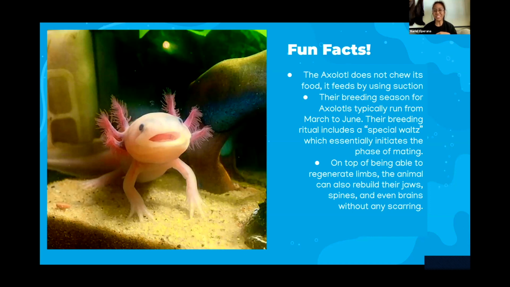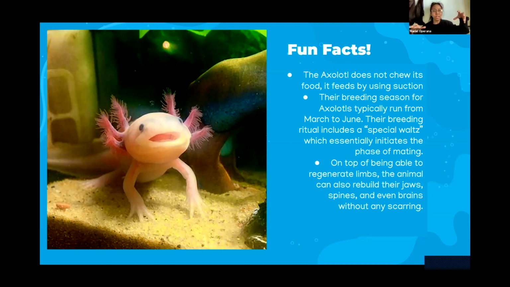It's so adorable. Now, the other fun fact that I learned about the axolotl is that their breeding season typically runs from March to June, and the ritual itself actually includes a special waltz that initiates the phase of mating. While I was doing my research, I saw that they actually do a little spin dance around each other to initiate the mating period.